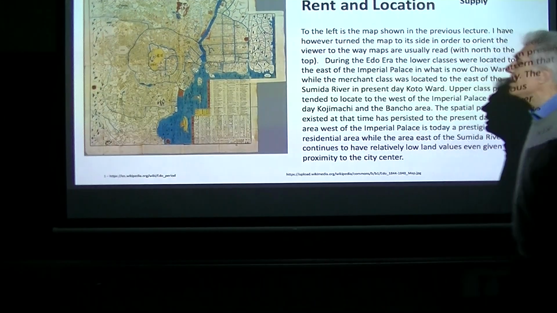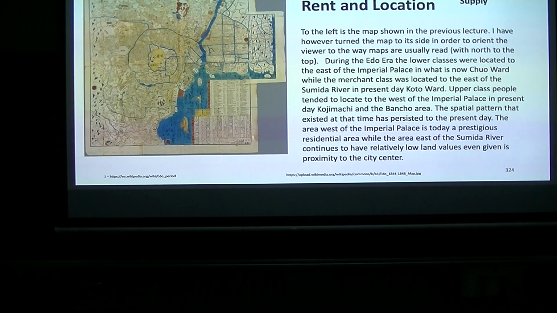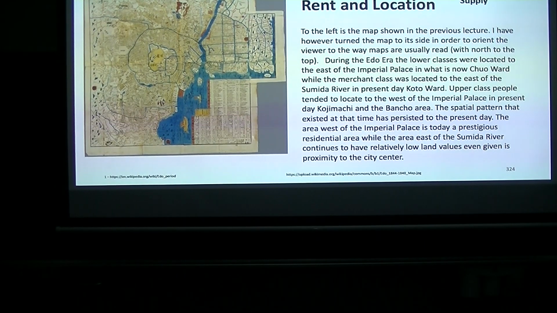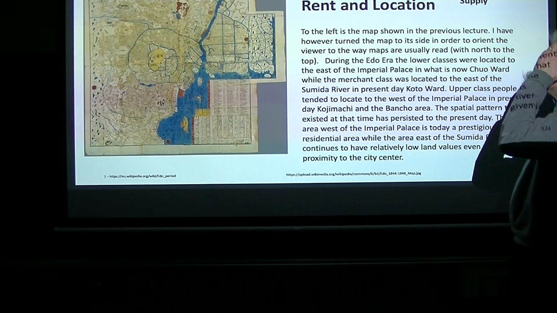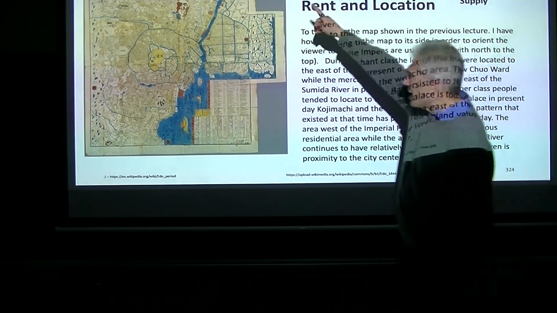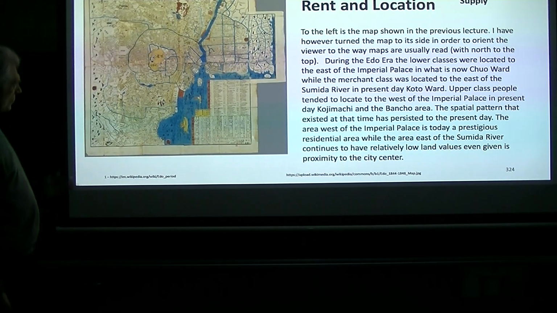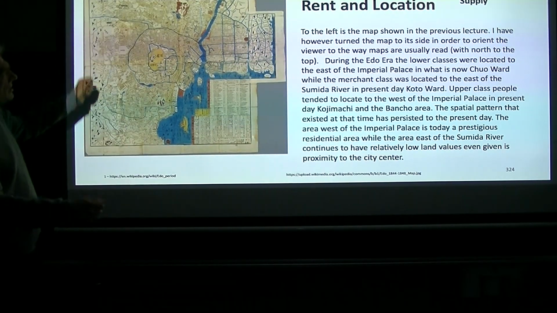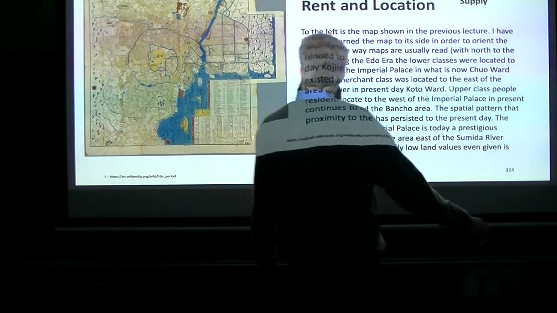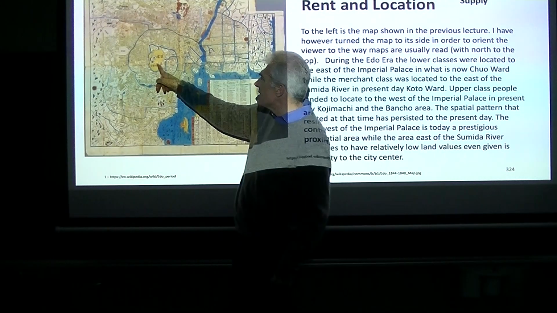This is one of the wonderful maps, the Edo era map. The interesting thing was that north is not at the top. The map was turned on its side. But there's the Imperial Palace.